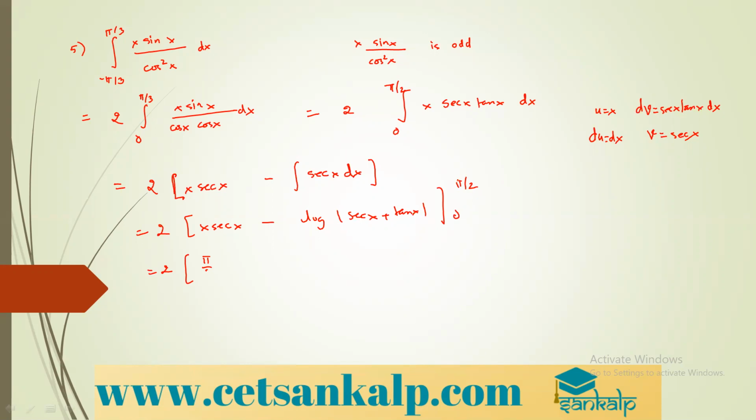0 to pi by 3, not pi by 2, it is pi by 3. So secant pi by 3 is 2, minus log secant pi by 3 is 2, tan pi by 3 is root 3. And of course 0 will give you 0 on the whole.